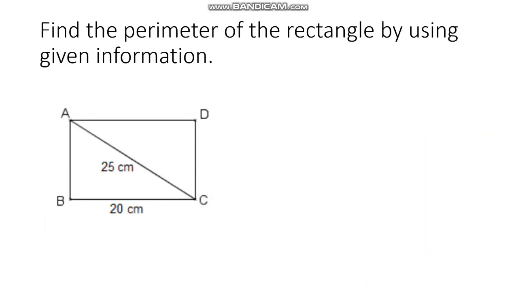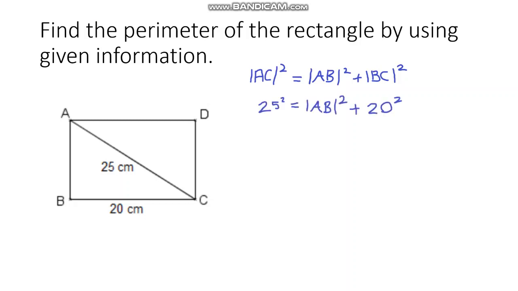Okay, let's look at the next question. Find the perimeter of the rectangle by using the given information. As you can see, now we have the length of the diagonal, and we know the length of one of the legs. We can use the Pythagorean theorem. The length of the AC side squared is equal to the length of the AB side squared plus the length of the BC side squared. We know the length of AC.